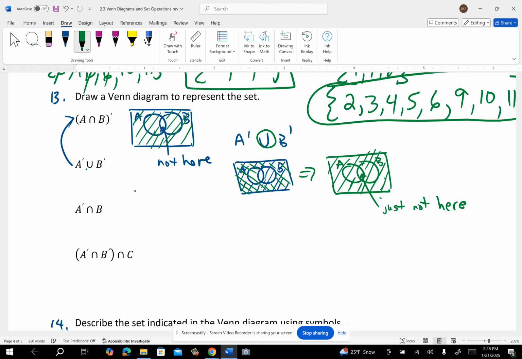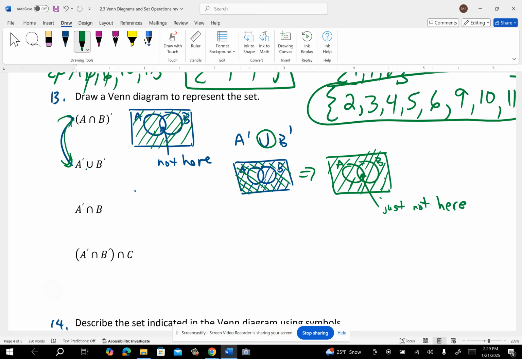Actually, what we just did proves that these two things, since they turn out to be the same shaded region, are always equal to one another. And that's a proof of De Morgan's law, which we'll talk about later.